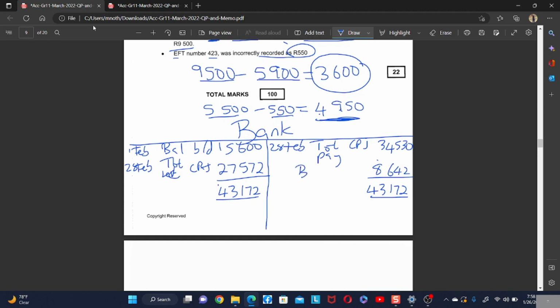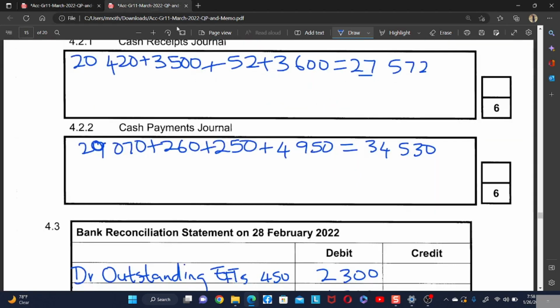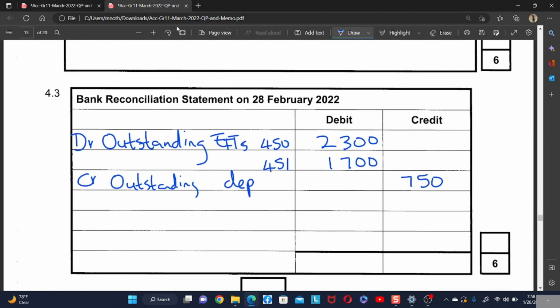This is a balance carried down on the credit side. So we are going to start with this amount on 1 March as a balance brought down of 8,642. So this amount is debited. The balance as per bank account is debited, 8,642.